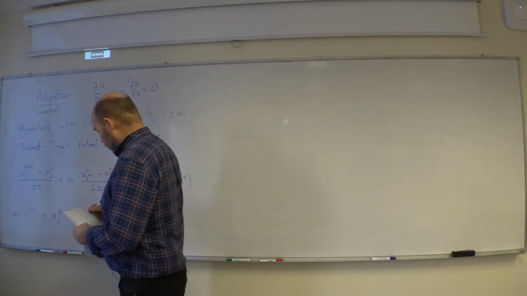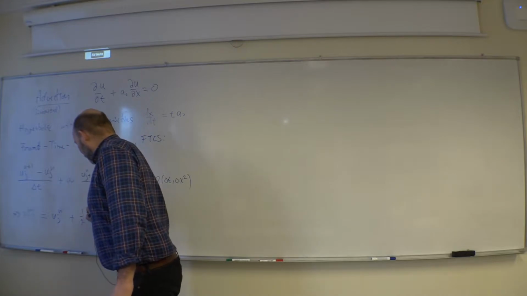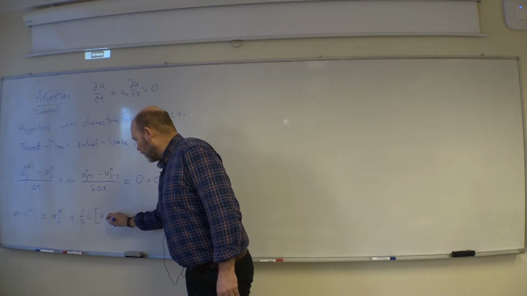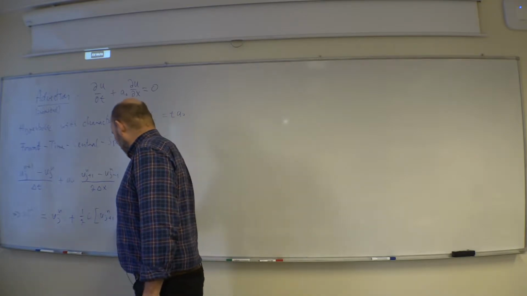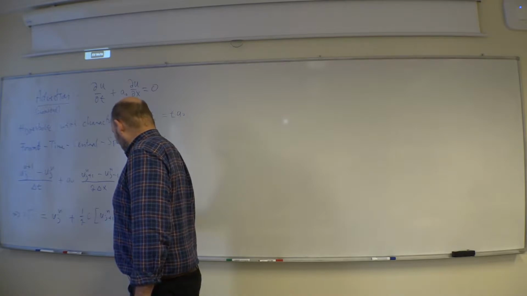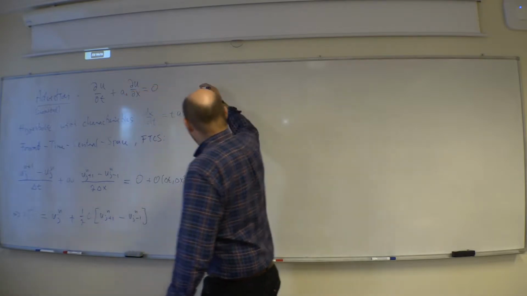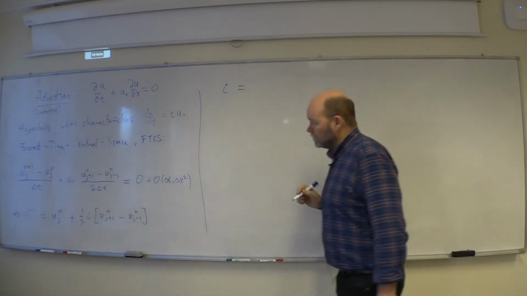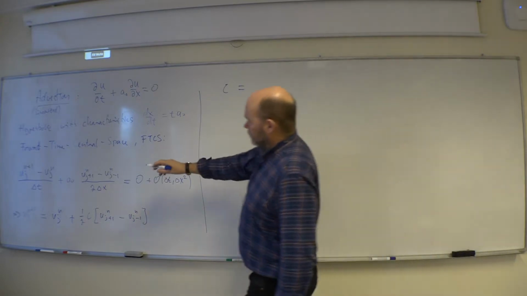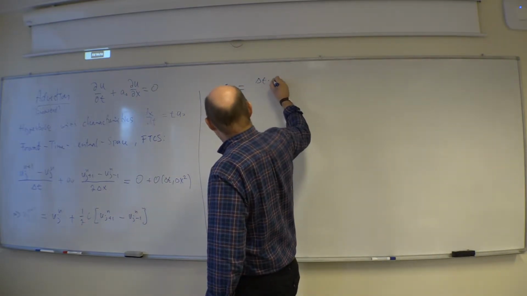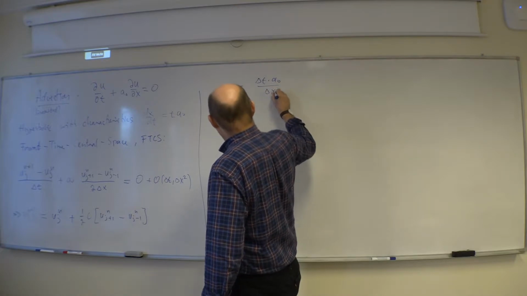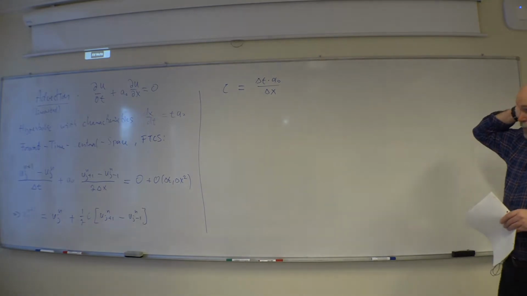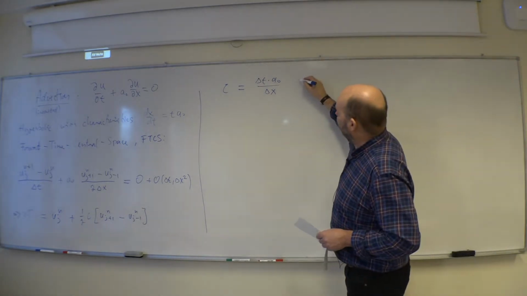So the constant I call a large C, multiplied with u_(j+1) minus u_(j-1), and my constant C equals delta t multiplied with a0 divided by delta x, which is quite famous. It is called a Courant number.